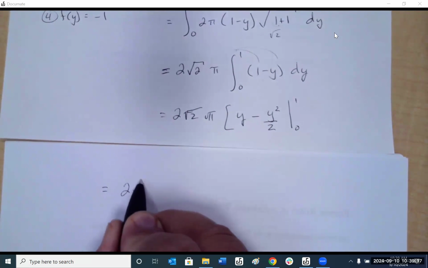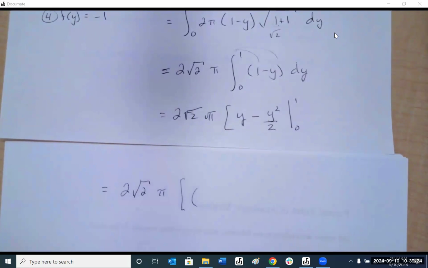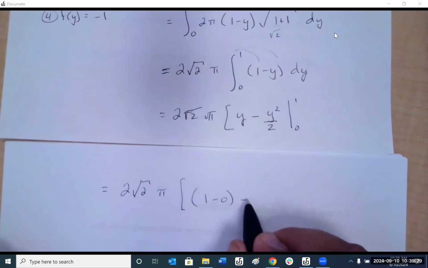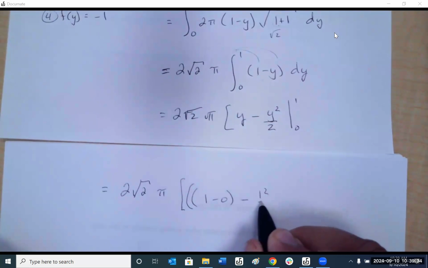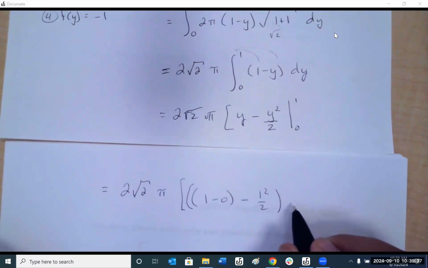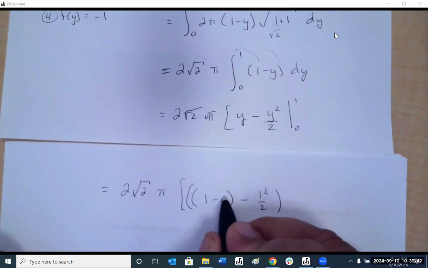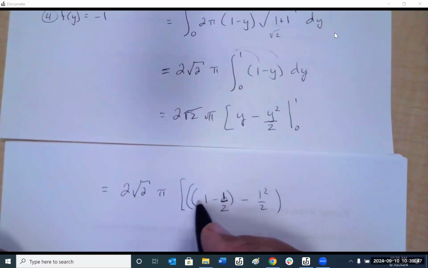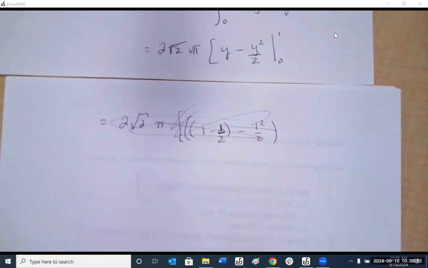So we have 2 square root of 2 pi. One minus 0 minus 1 squared over 2. No, it's 1 minus, I'm sorry, 1 minus 1/2. I messed up there. I was looking too far ahead.